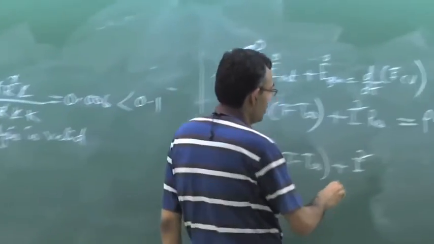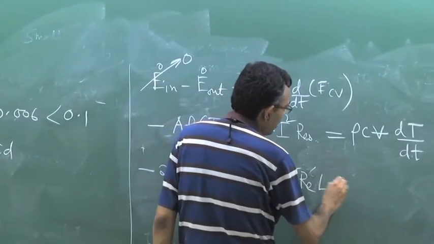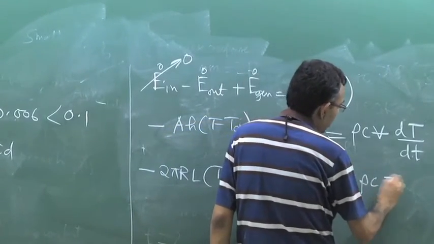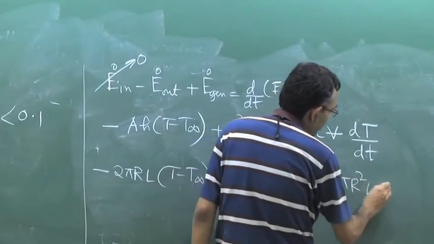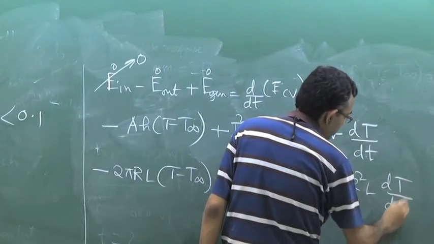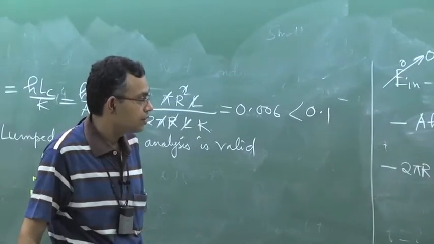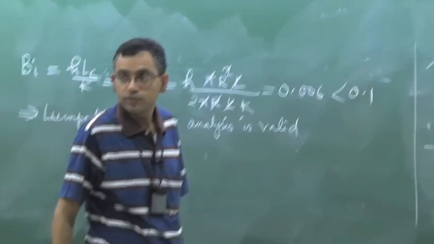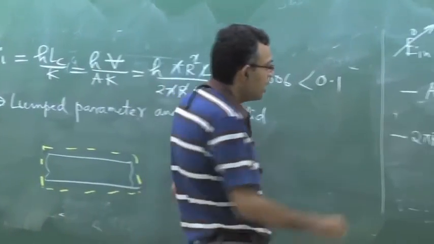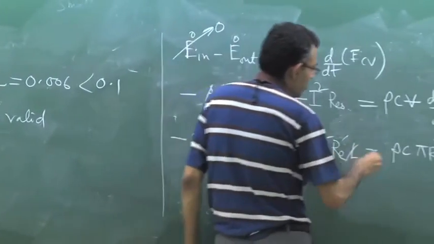So I squared R_e dash into L is equal to rho C pi R squared L into dT/dt. So L gets cancelled from both sides.